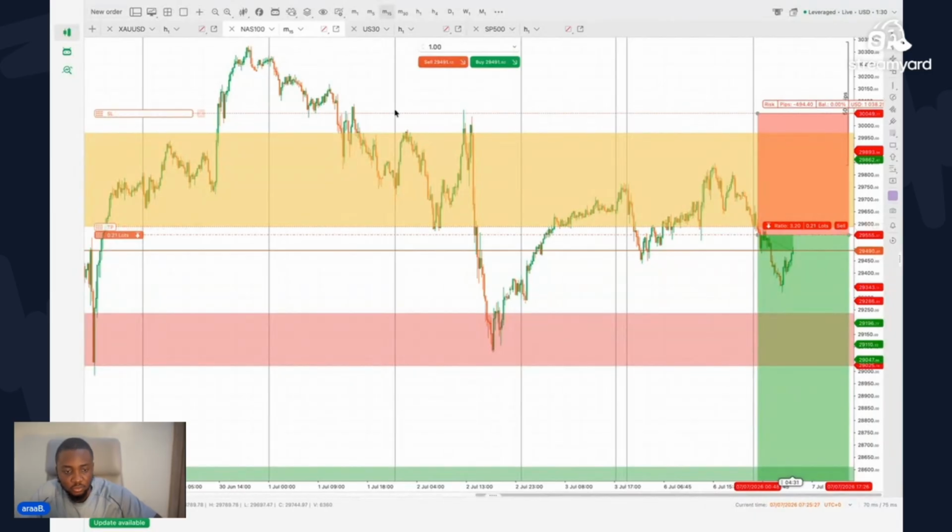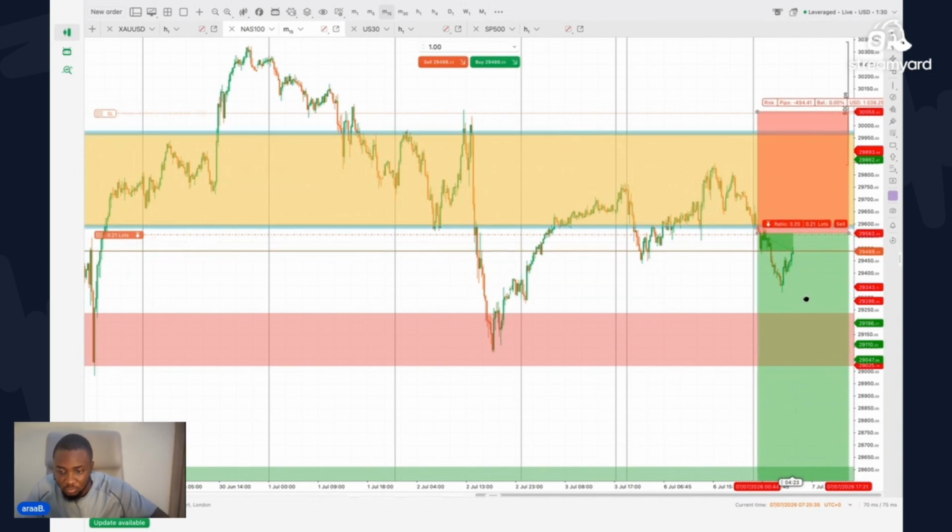Okay, I don't like this. I want my SL to be above this wick, so that I can be sure of what I'm doing. Okay, it's still not above it.